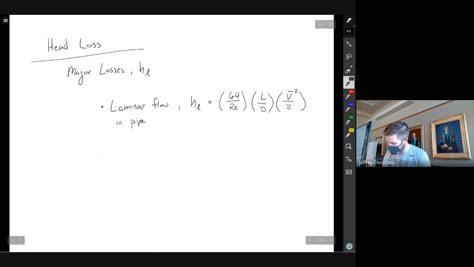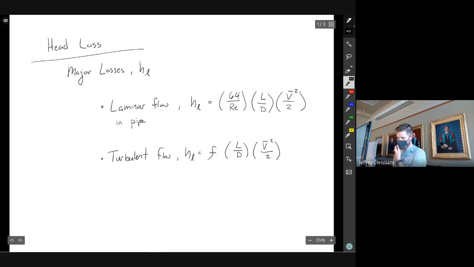So for turbulent flow, this is kind of where we ended last time. Instead of 64 over the Reynolds number, it's going to be a constant times L over D, times V squared over 2.